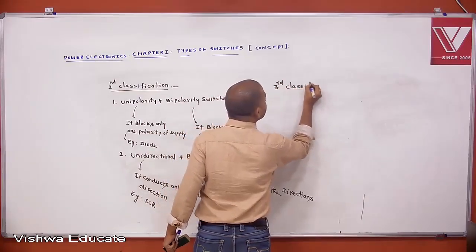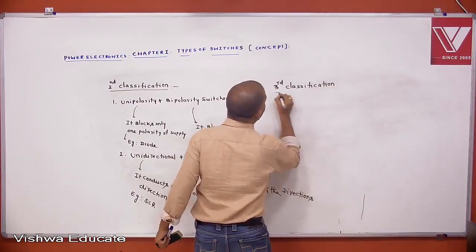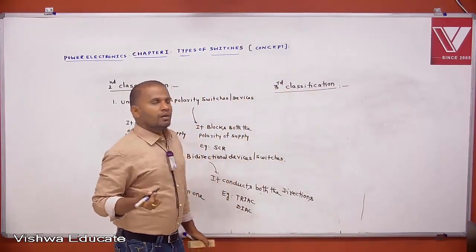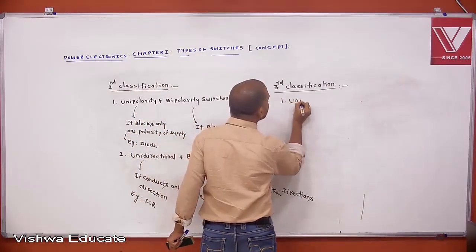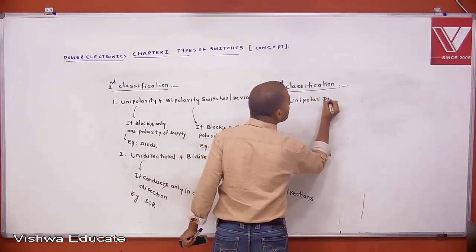The third classification of devices is, one is unipolar, not polarity, unipolar device or switches.